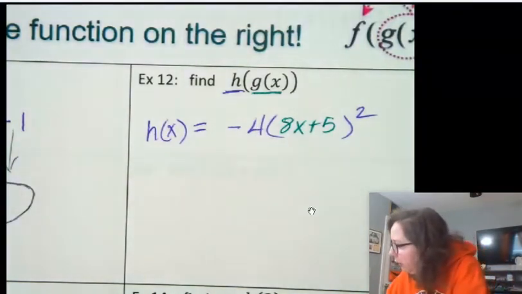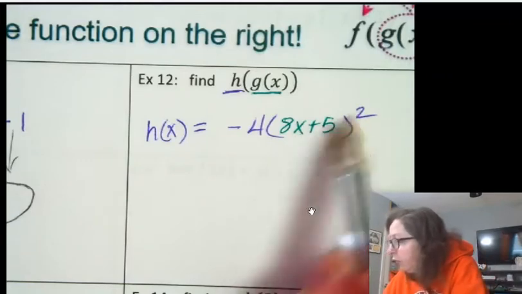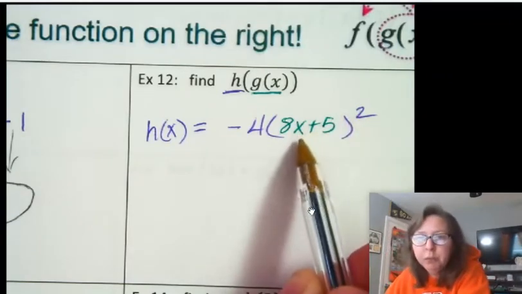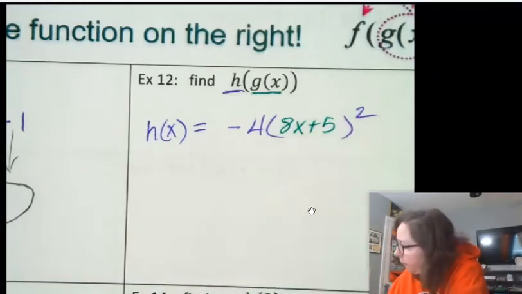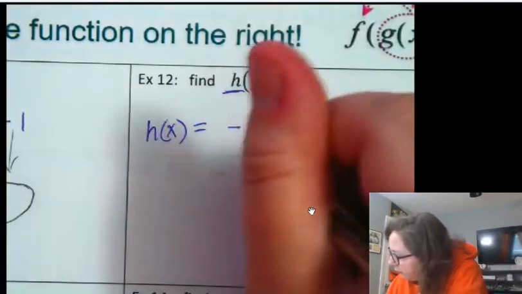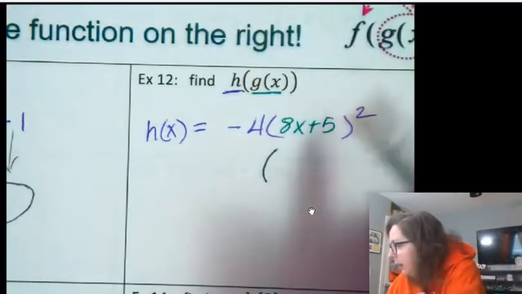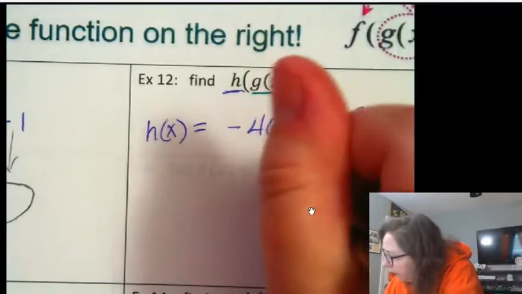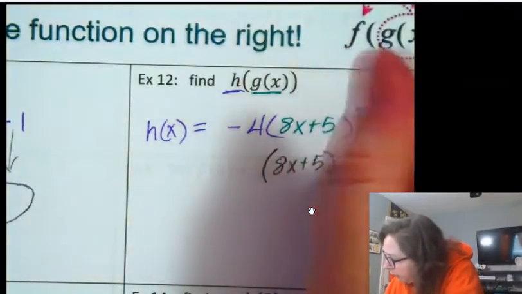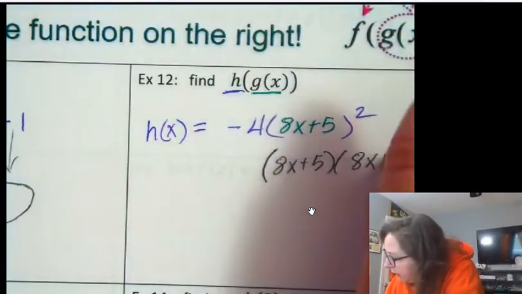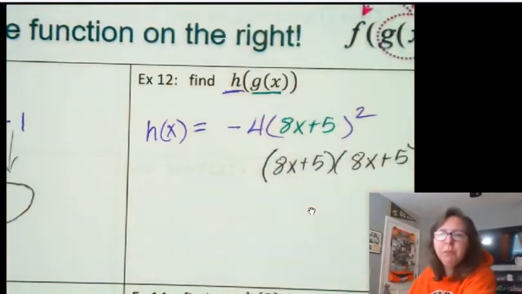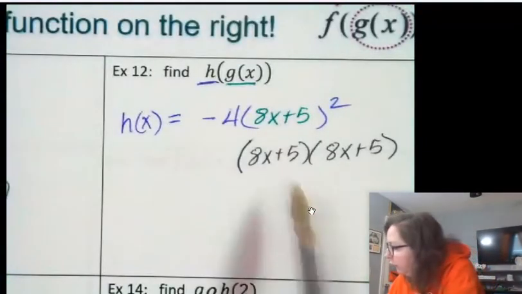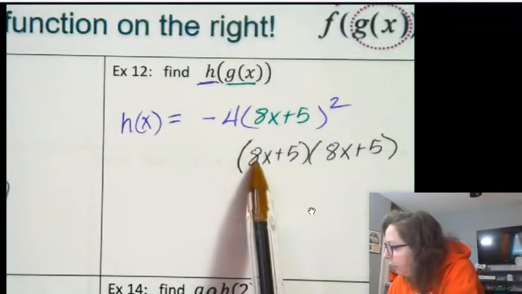So let's square this first. This is a binomial, so here's what we'll get. We're going to get 8x plus 5 times 8x plus 5. Remember, that's what that means. And so let's do our distributive property.